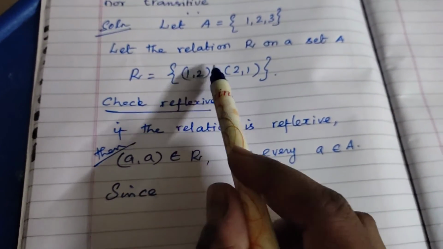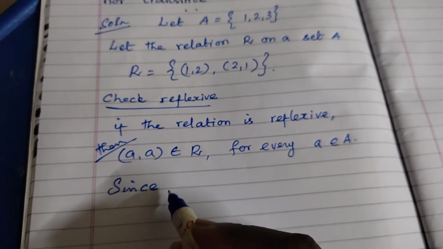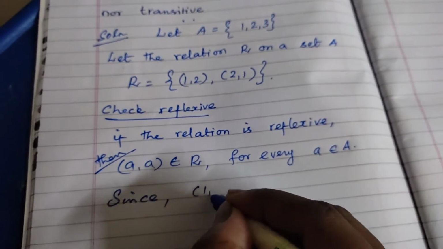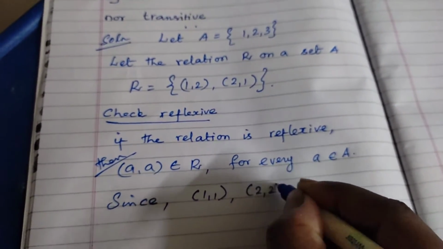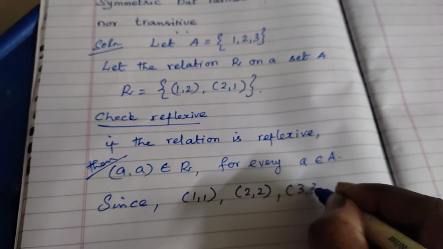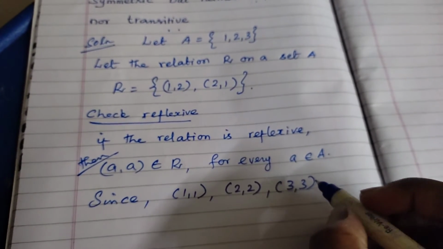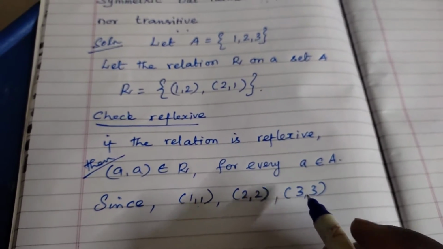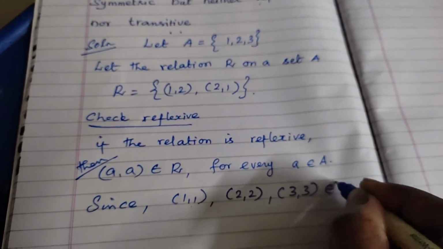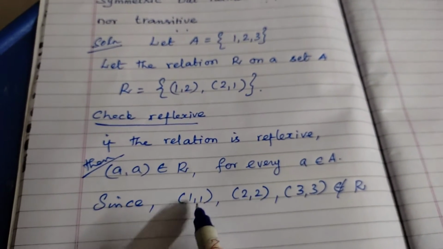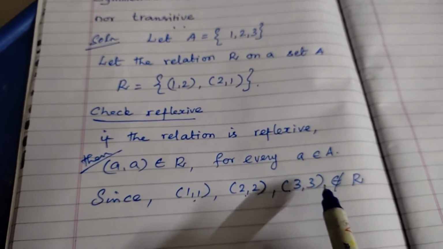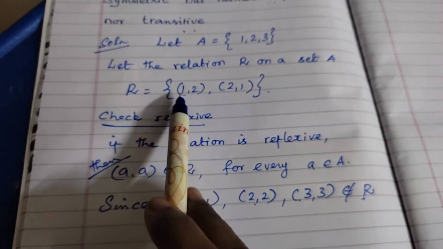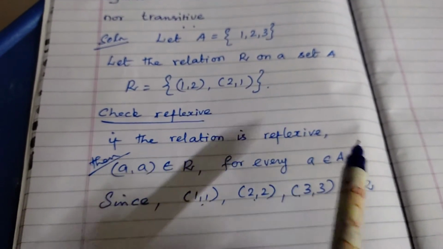Here (1, 1), (2, 2), (3, 3) do not belong to R, because we have the relation having two pairs (1, 2) and (2, 1) only.